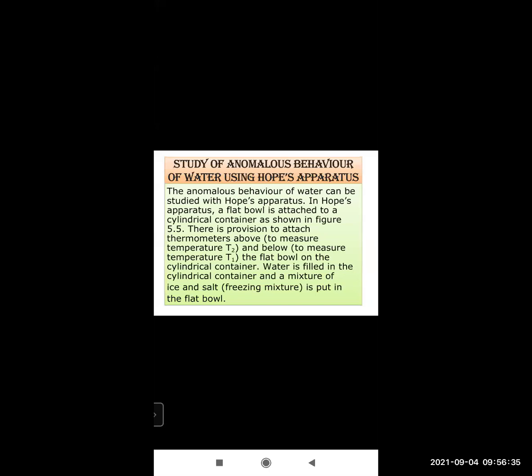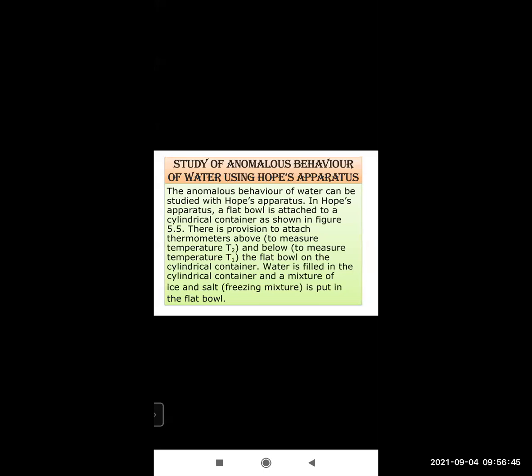But to understand in detail, we'll see the next point. So remember the definition. The behavior of water between its temperature from 0 degrees Celsius to 4 degrees Celsius is called anomalous behavior of water. Now see, the next point is study of anomalous behavior of water using Hope's apparatus.